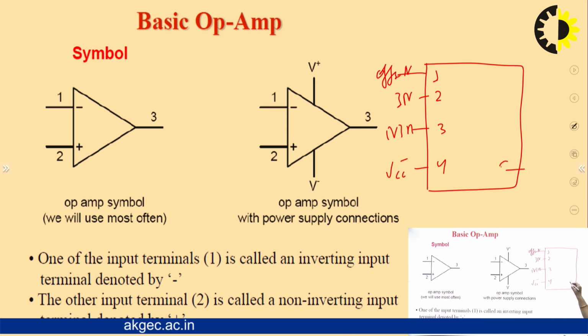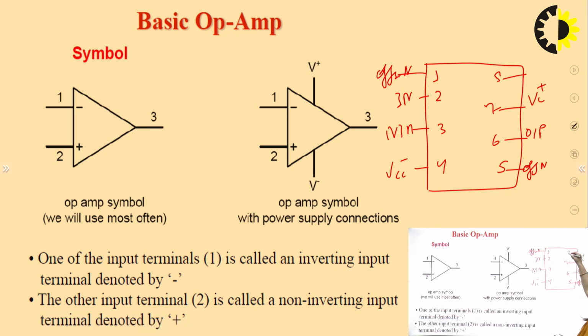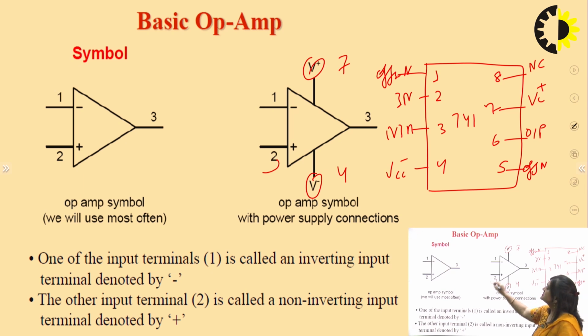After that pin number 5 is offset null, pin number 6 is output, pin number 7 is VCC plus, and pin number 8 is no connection. So this is the pin diagram for IC741. This V plus indicates pin number 7, and V minus indicates pin number 4. This is the symbol for the op-amp, with pin number 1 and pin number 2, here pin number 3 and this pin number 2.